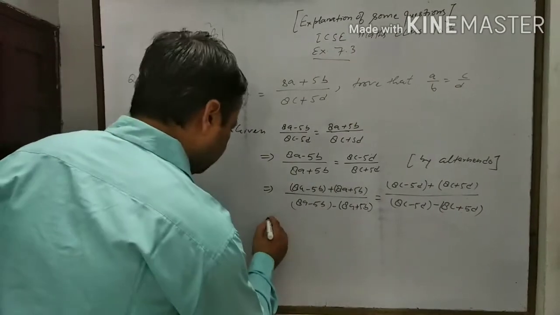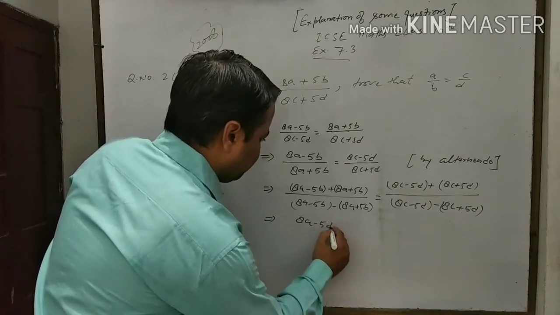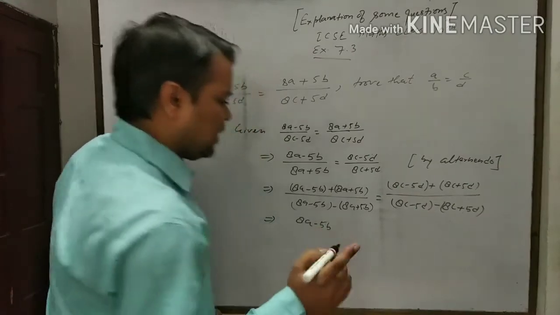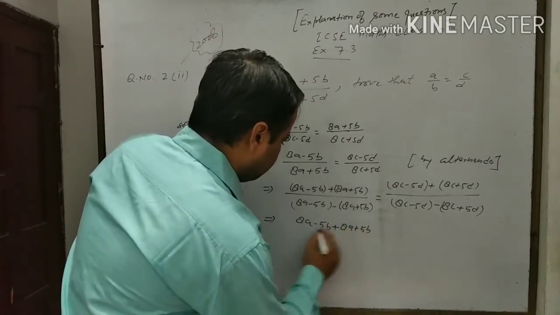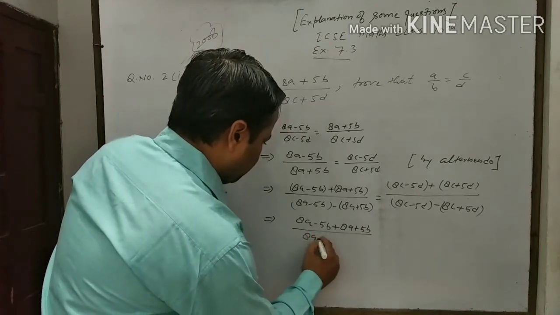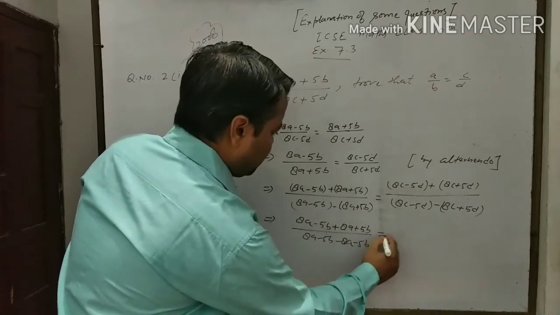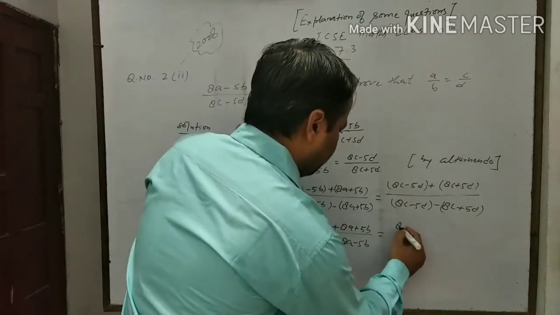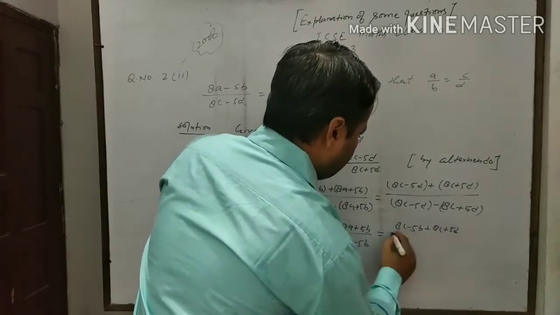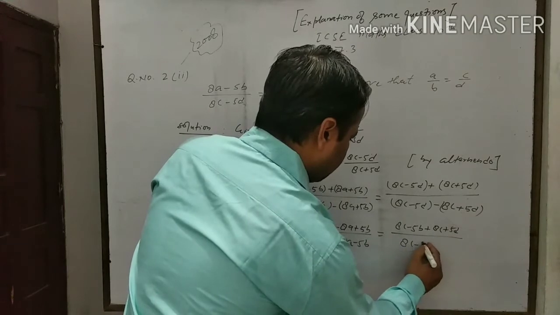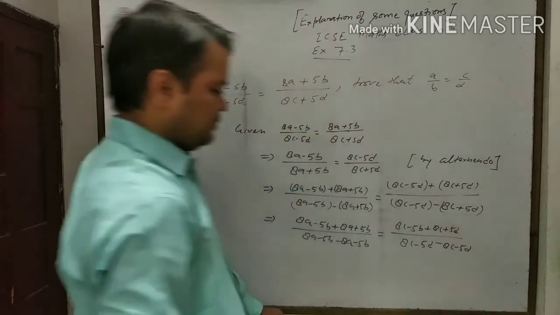Now if we remove the bracket, it will be 8a minus 5b plus 8a plus 5b upon 8a minus 5b, and the sign will be changed, minus 8a minus 5b, equal to 8c minus 5d plus 8c plus 5d upon 8c minus 5d minus 8c minus 5d.